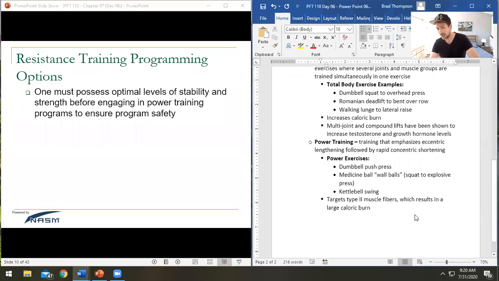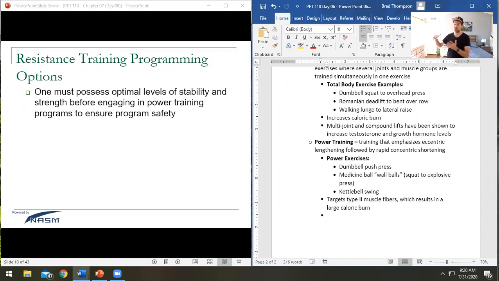Now, I do want to say you got to be cautious, right? You always want to focus on safety whenever you are doing power training, because this is very rapid. It is very high impact a lot of times. And so you don't want to have somebody walk into the gym and they're like, I'm here for weight loss. And you're like, great. And then just put them into a power routine, right? You want to build them up. Start with a total body stabilization routine, and then a little bit of reactive training built into your movement prep.